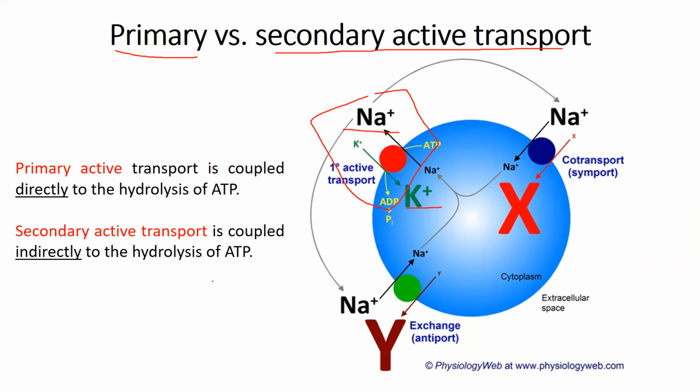Secondary active transport takes advantage of the gradient made by the active pump to transport molecules to the inside or outside of the cell.